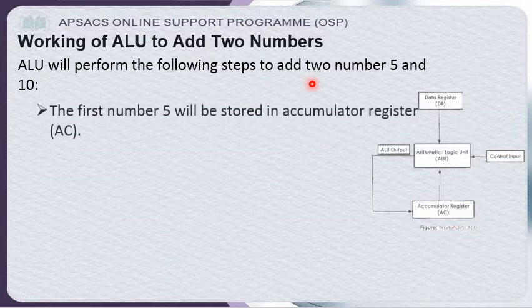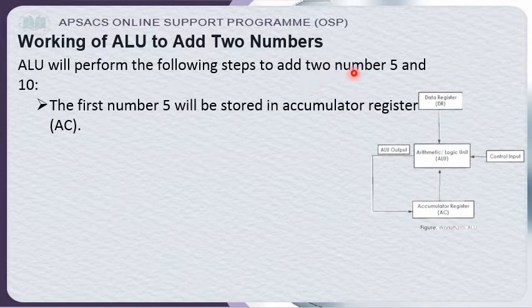In step 1, the first number, which is 5, will be stored in the accumulator register, or AC register. You can see there is a register named accumulator register inside the ALU.